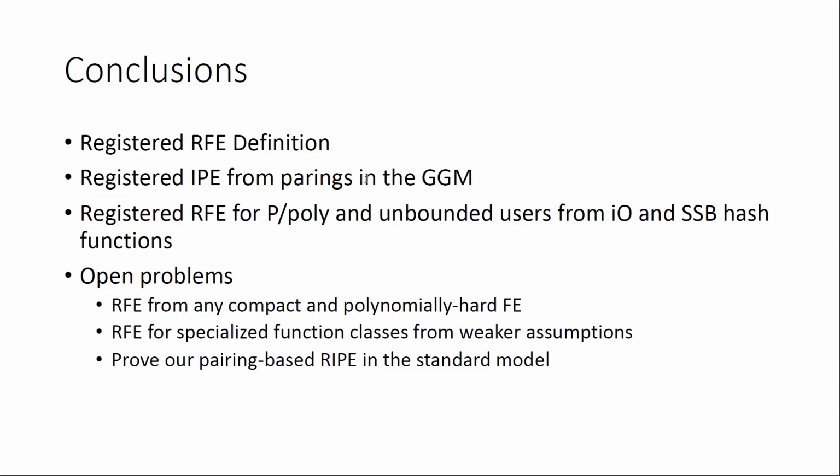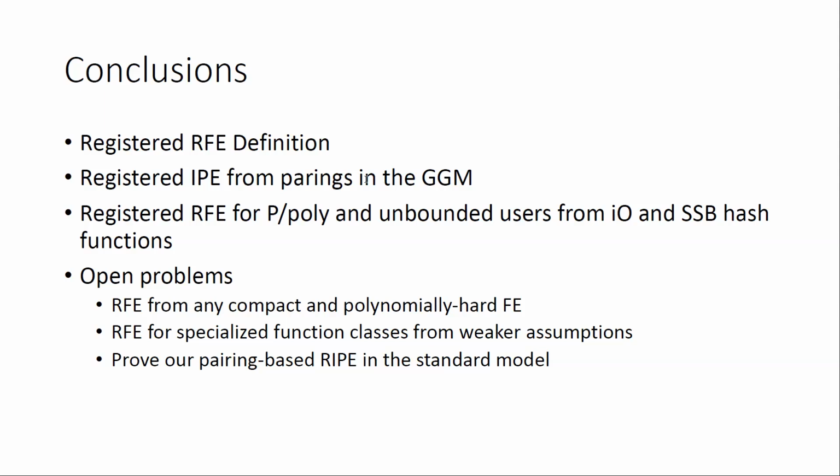To conclude, what we saw is a registered functional encryption definition. Then our construction for registered IP from pairings in the generic group model. And in our paper, we also have registered FE for pure poly and a bounded user from IO and SSB function.